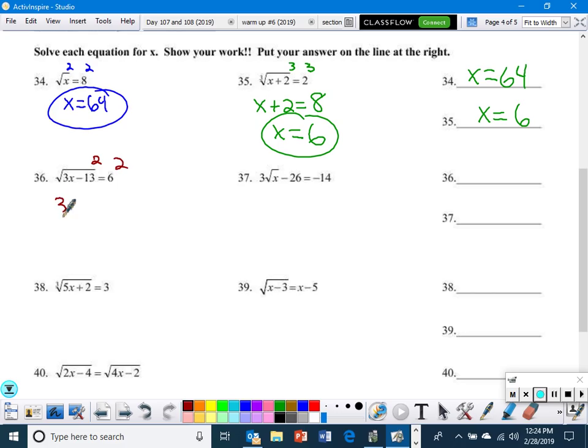Get rid of the square root. Solve for x. Leave this one as a fraction.